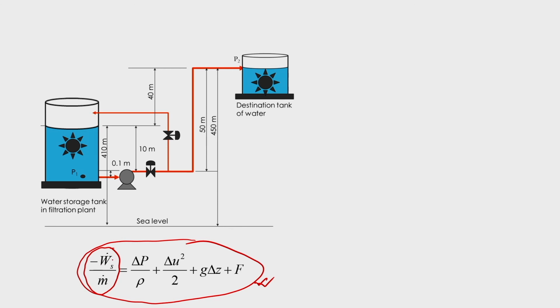So, minus W dot S by m dot will be equal to delta P by rho plus delta U square by 2 plus g delta Z plus F. First of all, you have to find the mass flow rate.